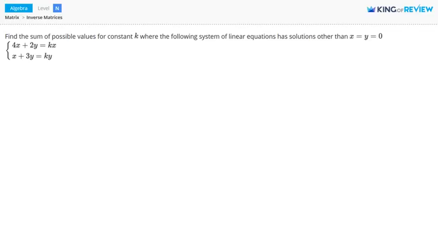So first, I want to review that if we have two equations that are in the form ax plus by equals e and cx plus dy equals f, we can represent these two equations with a matrix equation.